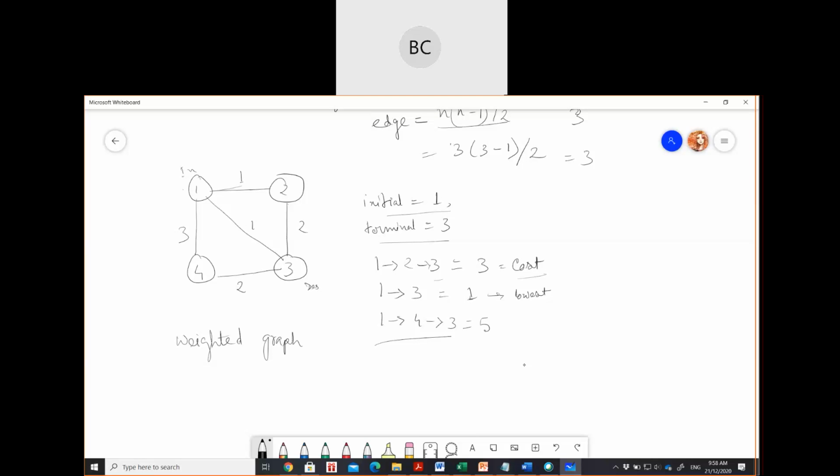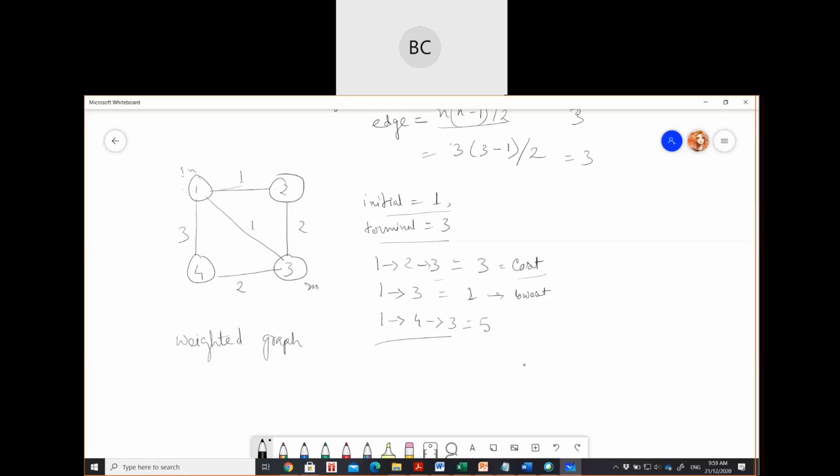Total cost will be the summation of every cost for each edge between different pairs. From 1 to 3, if I follow this path, there is a node 2. And if I follow this path, there is a node 4. That means there will be an edge from 1 to 4, and similarly an edge from 4 to 3. So you have to add up those costs or weights, then you can calculate the total cost.